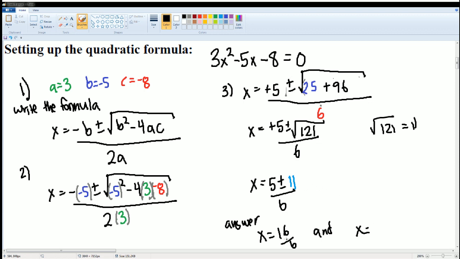This is the addition part, this is the minus part. This is the 5 plus 11 part divided by 6, and there's going to be the 5 minus 11. Do you see how there are two different answers?